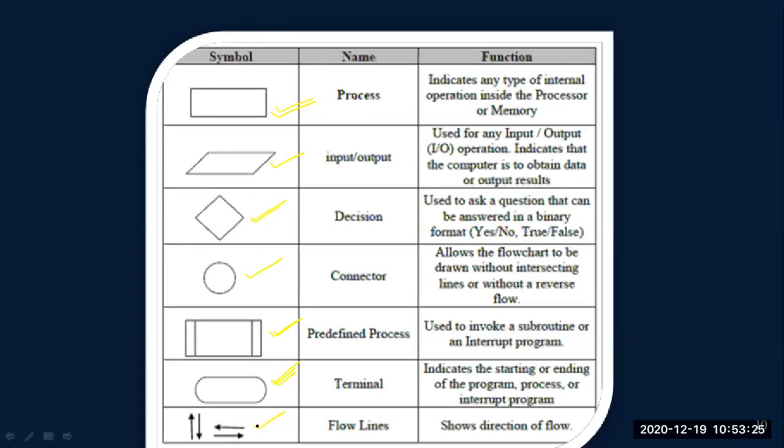So my control flow, or the flow of my problem, will be represented using the arrow symbols, arrow lines, or we call them the flow lines. The connecting of one symbol to another symbol is done using the arrows or the flow lines. So these are the basic symbols, or the graphical representations, which we use to draw flowcharts.